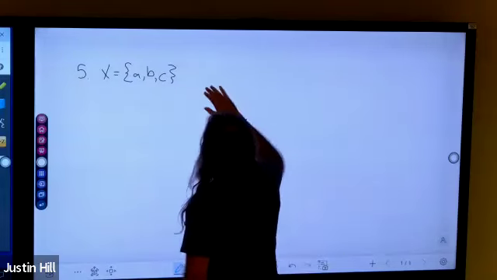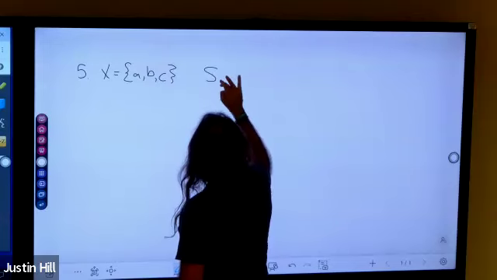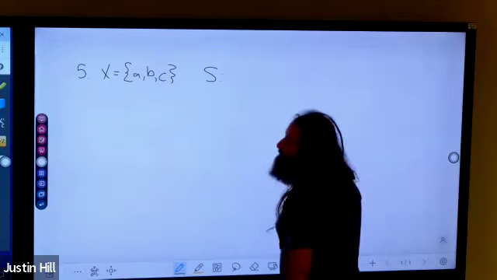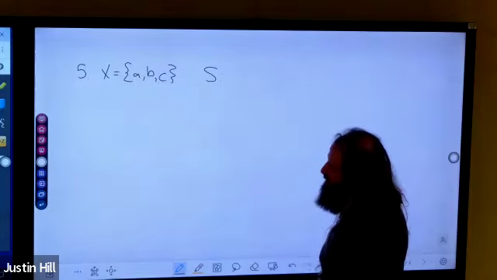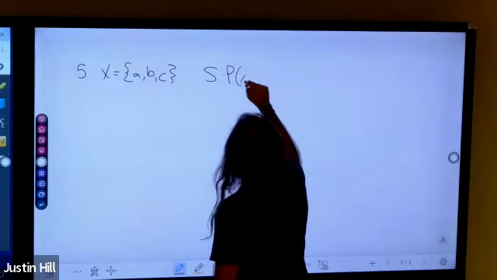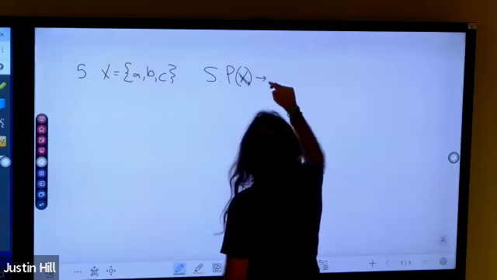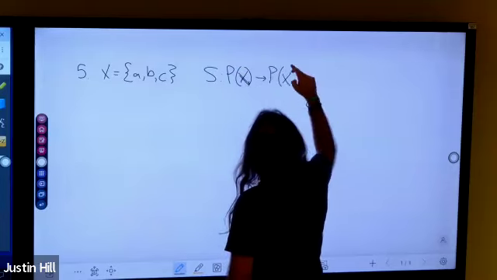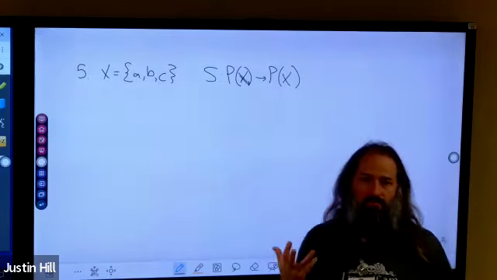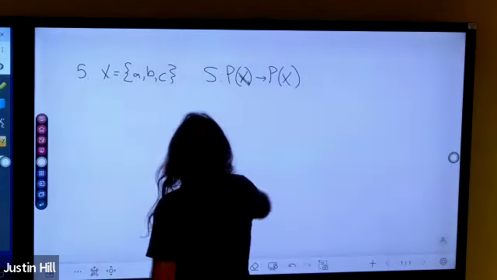Kind of like the last one, S is going to go from P of X to P of X, large X. So my domain and codomain are going to be the subsets of X, all possible subsets.